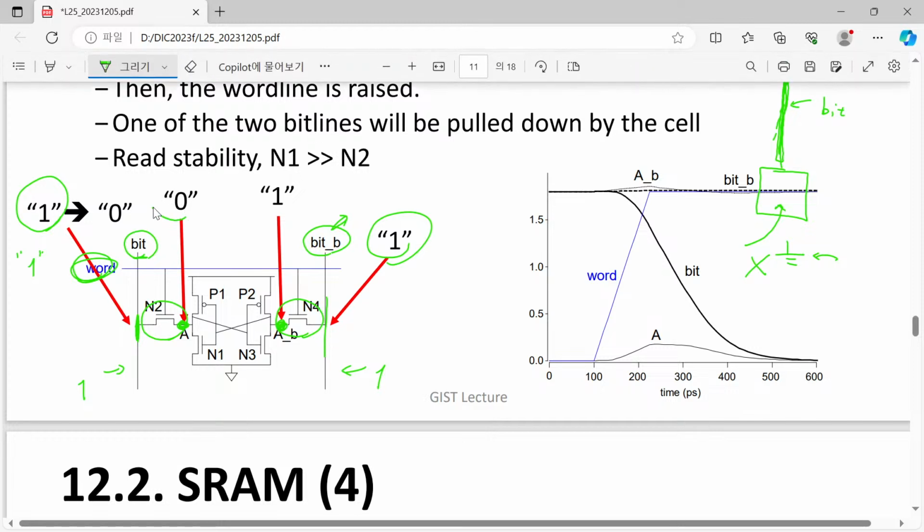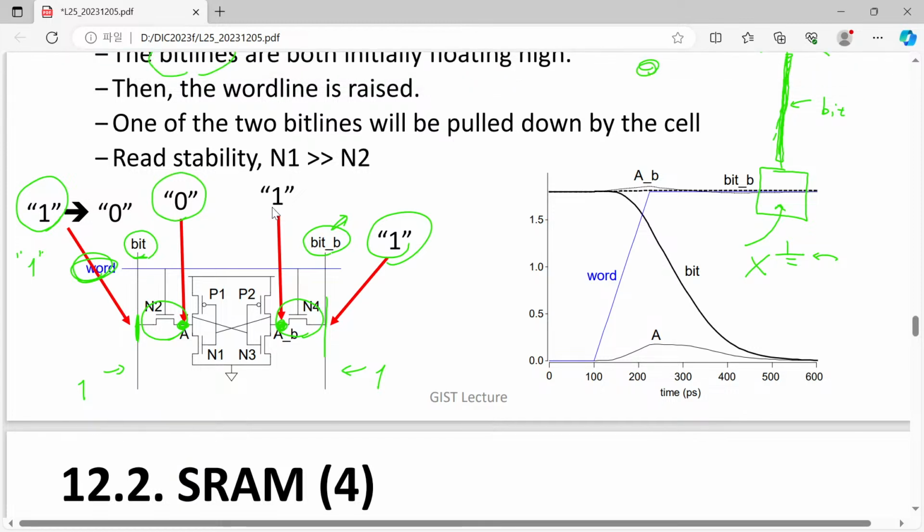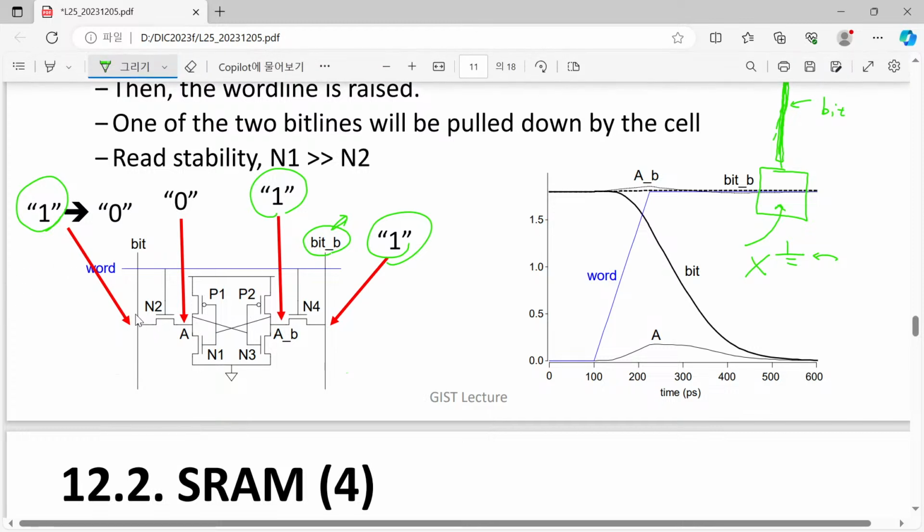Initially, let's say that one node is 0 and the other is 1. After they are connected, there will be a certain average between the voltages 1 and 0.